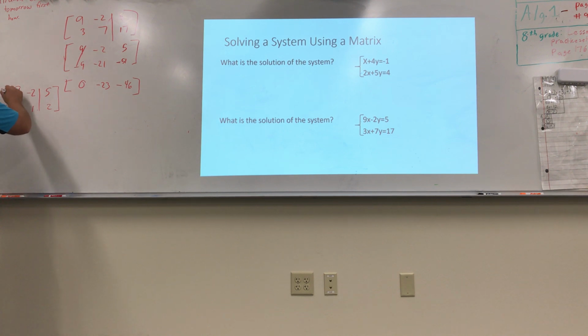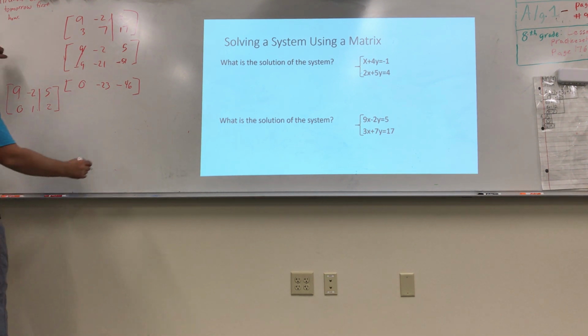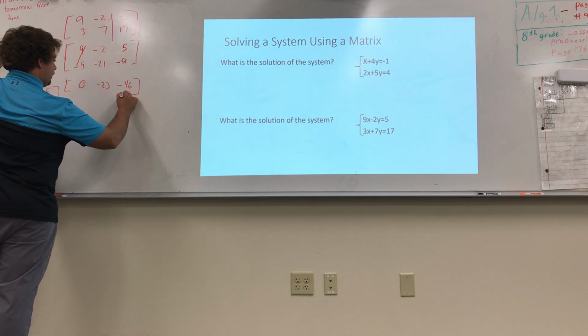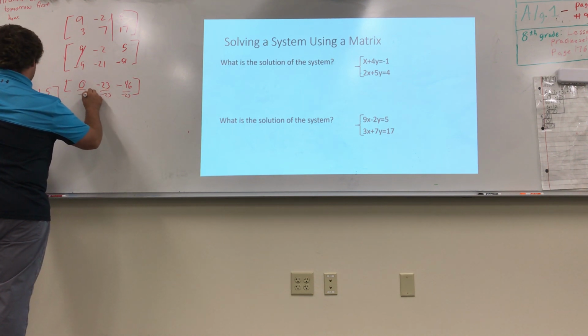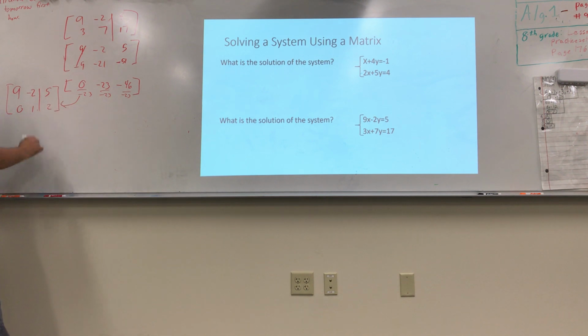We reduced it. We divided it by 23. So we divide by negative 23, divide by negative 23, divide by negative 23. We get this.